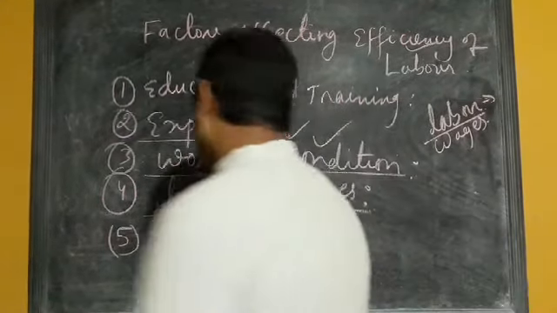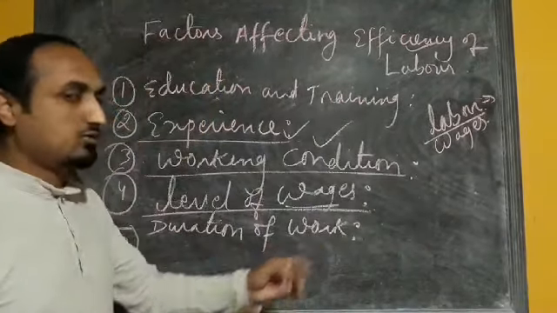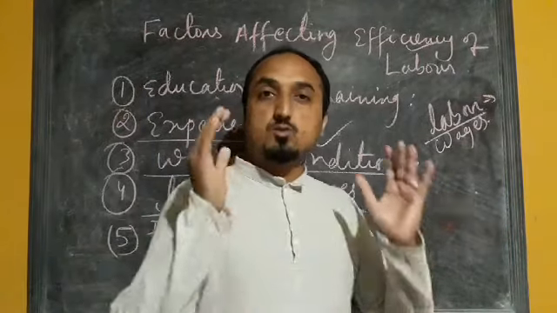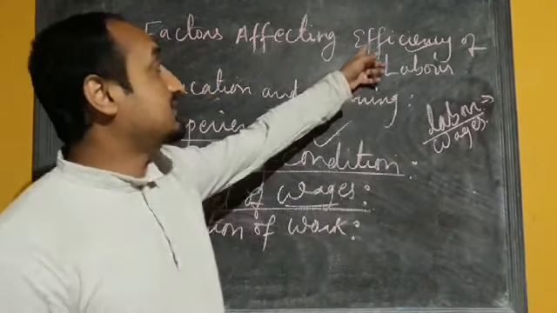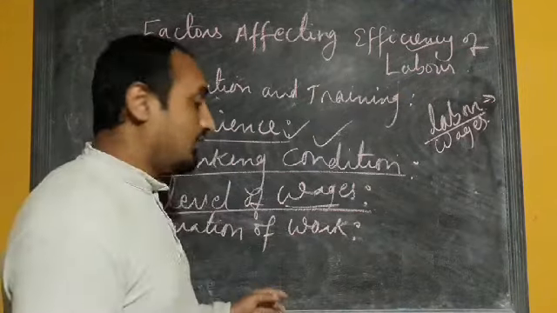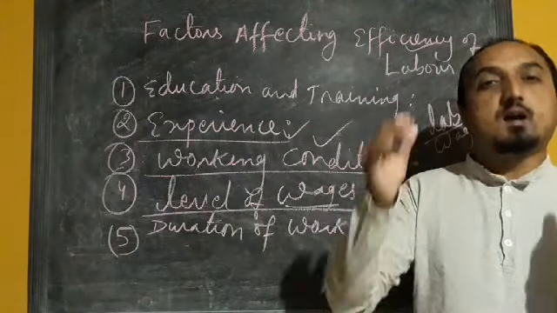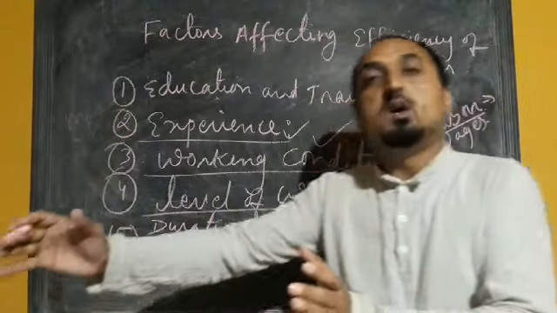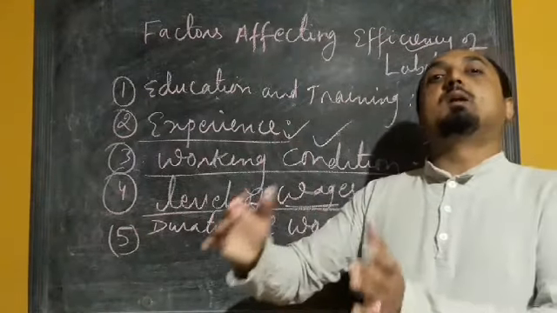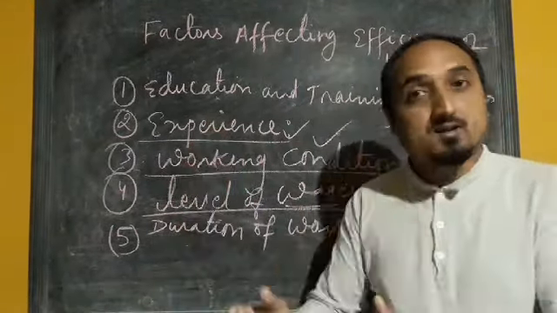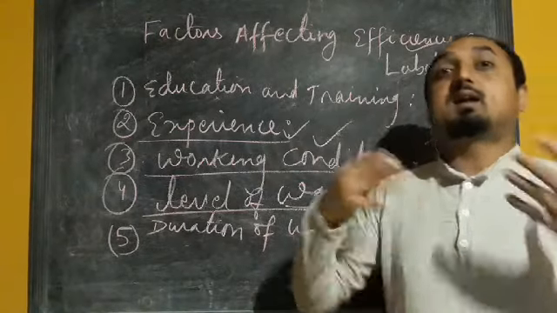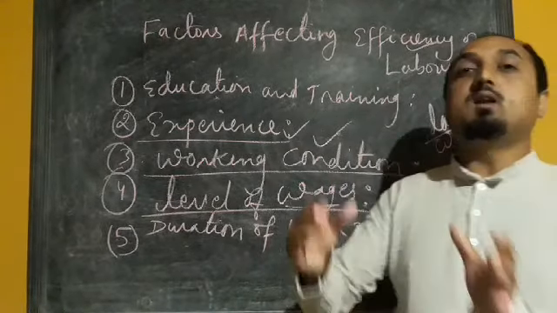Okay, the next point is duration of work. Duration of work is also one of the important factors that affects the efficiency of labor. If workers are asked to work for longer hours, what will happen? The efficiency of labor will decrease. He gets tired, and because of that tiredness, his efficiency will degrade.